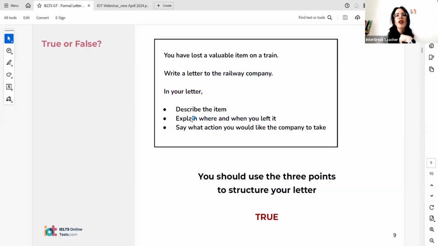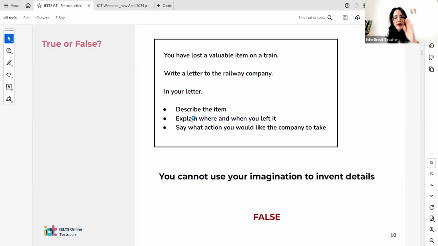For example, I say, okay, I lost my necklace, for example, right? So yes, you do have to use your imagination. If you don't use your imagination, you're not going to be able to write anything, obviously, because you have to describe an item. You need to, let's say, make up where and when you left that item, right? Very good, Teddy. I agree with you.